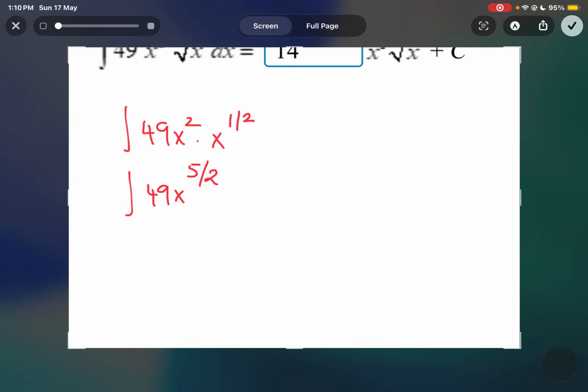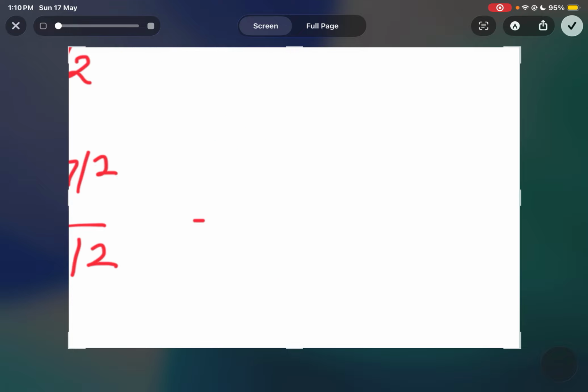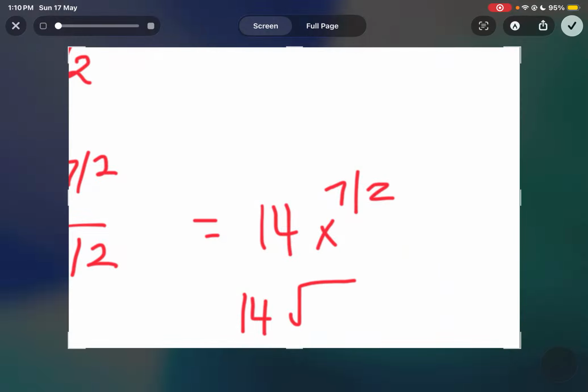Okay, and then when you use the formula, 49 is outside times x to the 5 over 2 plus 1, which is 7 over 2, and you do 49 divided by 7 over 2, it will become 14x to the power of 7 over 2. And x to the 7 over 2 is radical of x^7, okay?